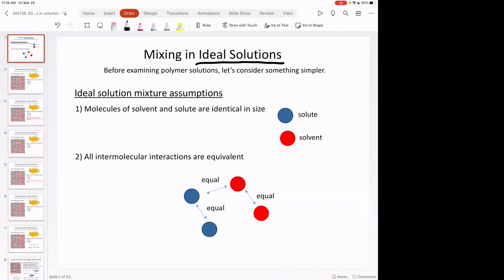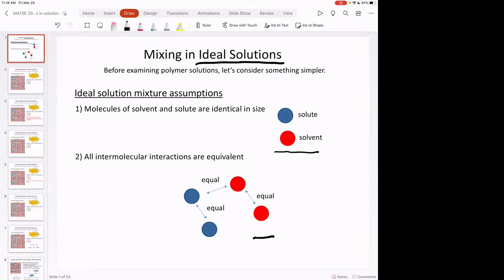So an ideal solution is defined as solute and solvent have exactly the same size. That's a definition of an ideal solution. And the second definition is that all intermolecular interactions are equivalent.